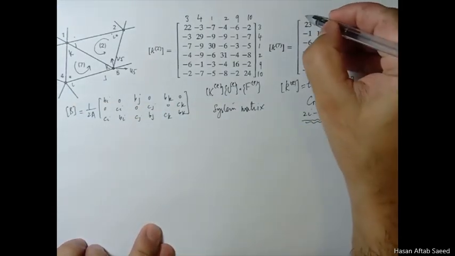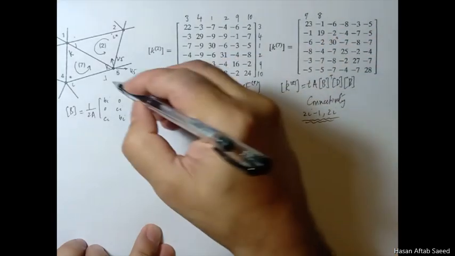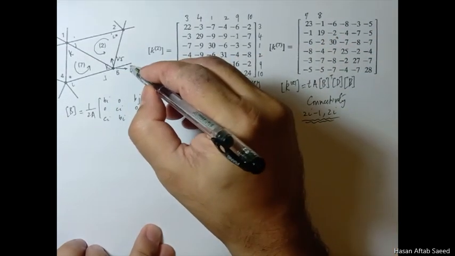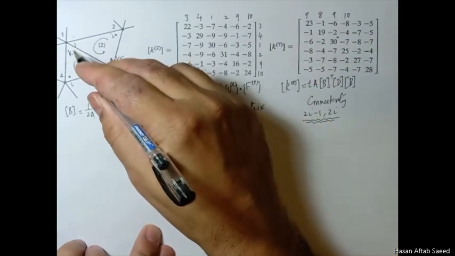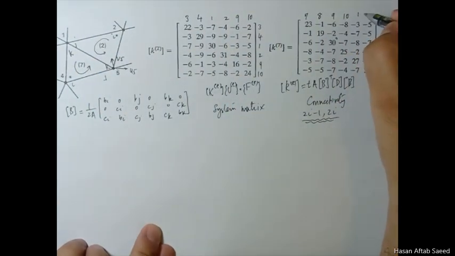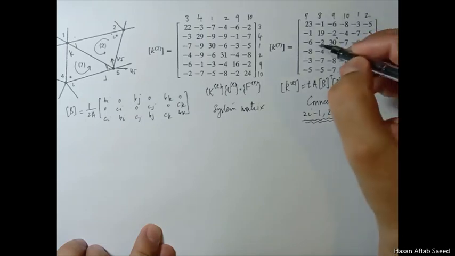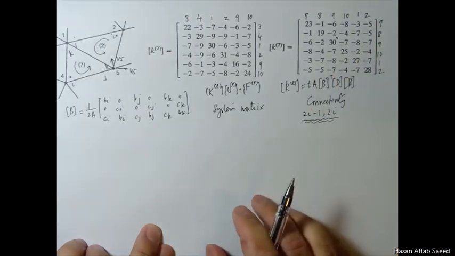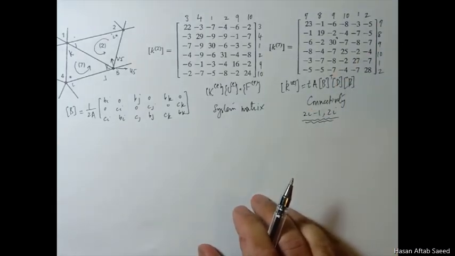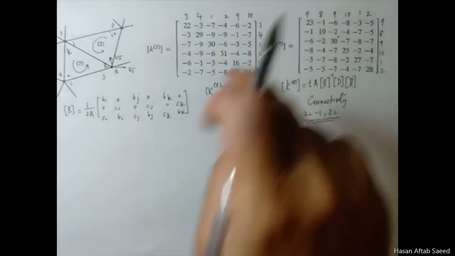So you must have 7, 8, then J node 9, 10, and then K node 1, 2. And similar numbering here. So the system has to be symmetric. This is how you specify the degrees of freedom at the elemental level.